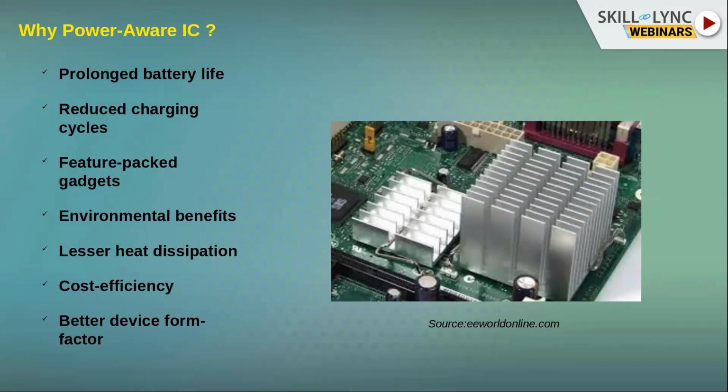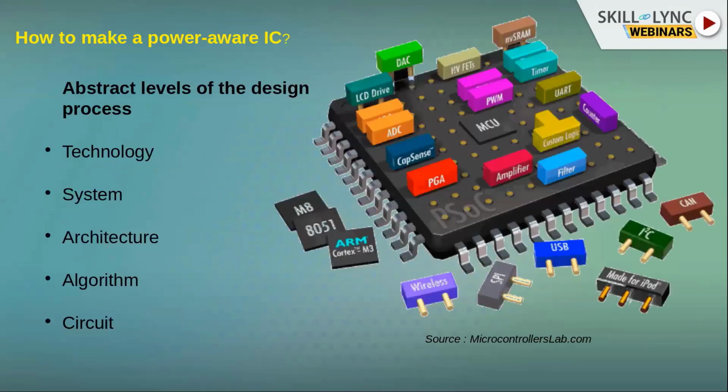Having said that, these are all the benefits of having a power aware IC. Now let's see how to make a power aware IC. In general, if we look at the design process of an IC, there are different levels of abstraction, starting from which technology you will be using, then the system level design, how to define the architecture, what components should go into it, how they should talk, and the algorithm level, like how the application should be carried out inside the SOC, and last but not least, how the circuits should be.